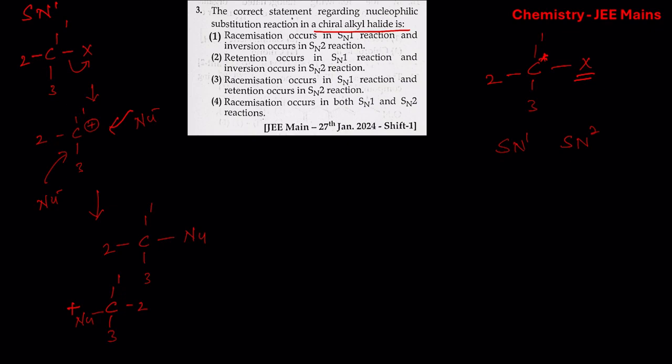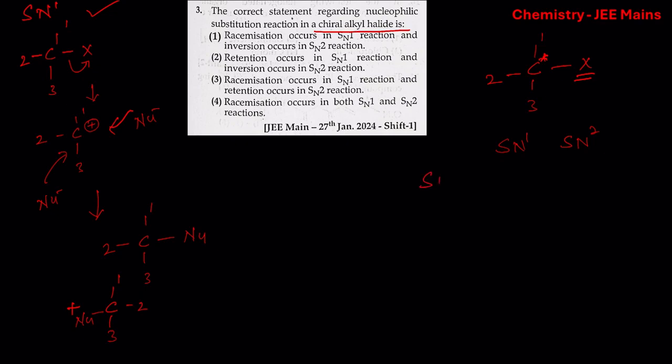So a mixture of enantiomers is formed, and both these stereoisomers may be formed in a 1:1 ratio. So this entire SN1 reaction results in a mixture of products, and since this is a mixture of enantiomers, the process is known as racemization. So racemization occurs in SN1 reaction.